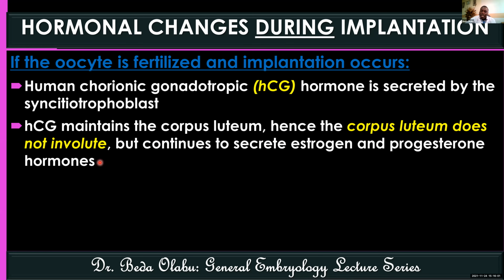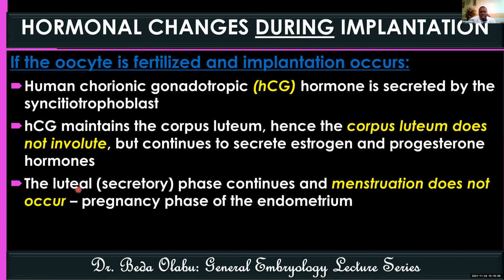Because of that sustenance of the corpus luteum and therefore continued production of estrogen and progesterone, the secretory phase of the endometrium, or the luteal phase of the ovary, continues. And because of that, menstruation will not take place.